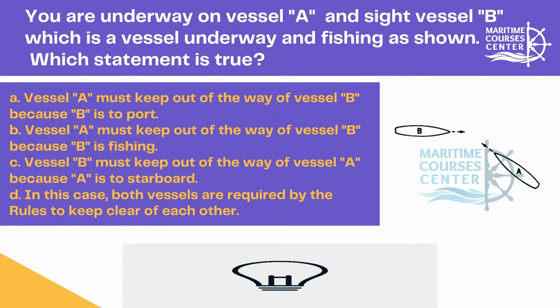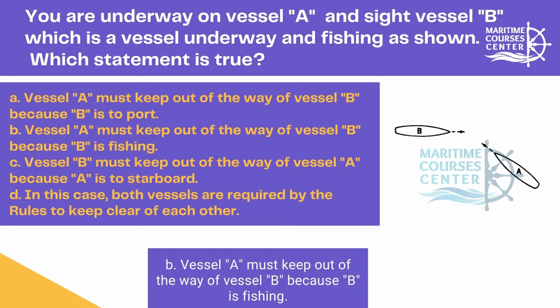D. In this case, both vessels are required by the rule to keep clear of each other. Could you please think about it? Which answer is going to be right? Yeah, that's right. The right answer is going to be B. Vessel A must keep out of the way of Vessel B because B is fishing.